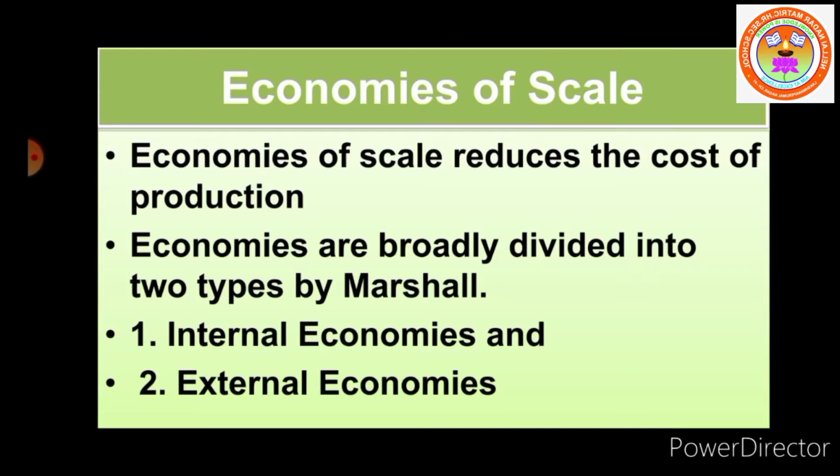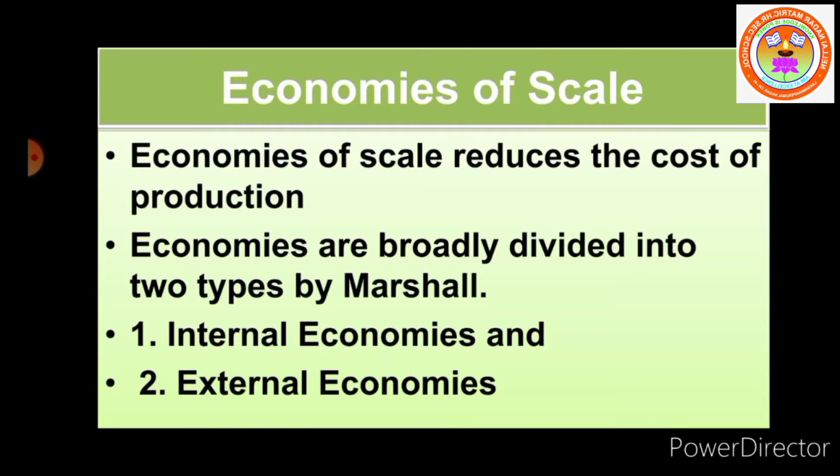Cost can be both fixed and variable cost. The size of the business generally matters. When it comes to economies of scale, the larger the business, the more the cost savings. Economies of scale can be both internal and external.